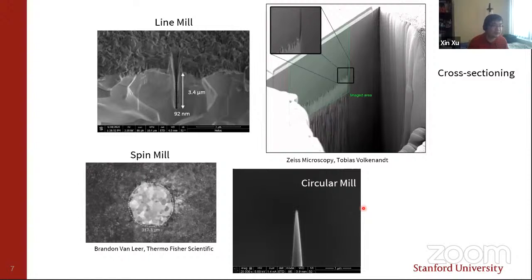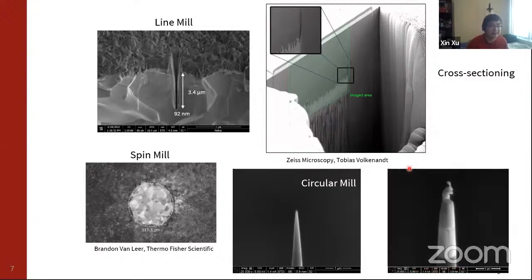And if you practice more, you can also make some structures, like for example, a nano bunny on the tip. It took maybe an hour and a half to make such a feature just for fun.